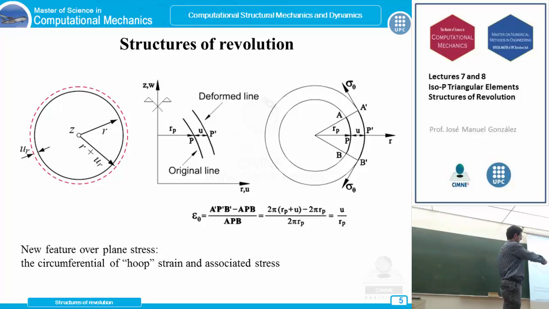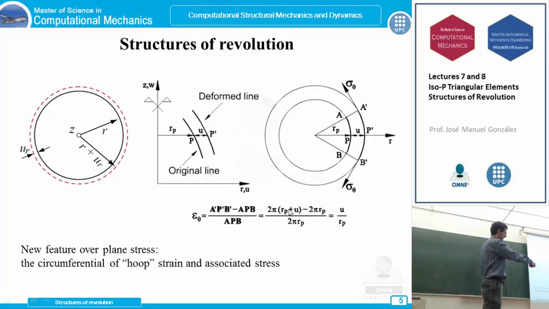So imagine that we are at this point, we have a radial displacement. The radial displacement makes this line bigger here. So now we can consider what the strain in the circumferential direction is. We have a radial strain and stress, of course, but now we have a line which is larger than before, so we can calculate this circumferential strain as the difference between the initial and the final length of this line.